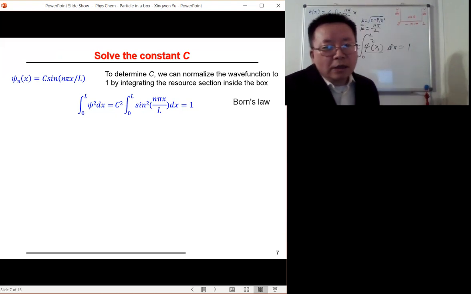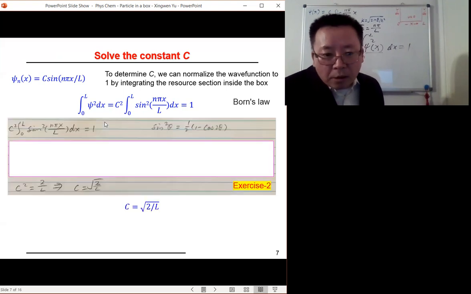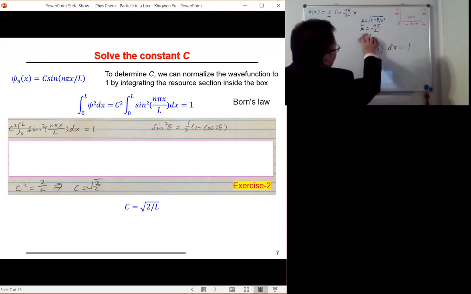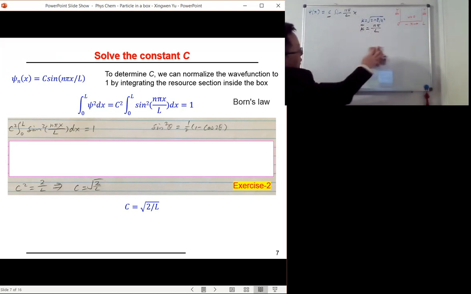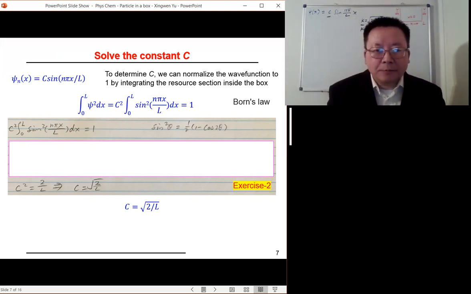To solve this integral equation, we also need some mathematical skills. So this will be exercise 2, the second exercise after class.